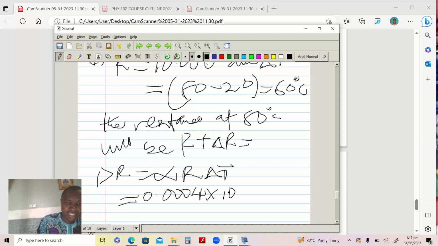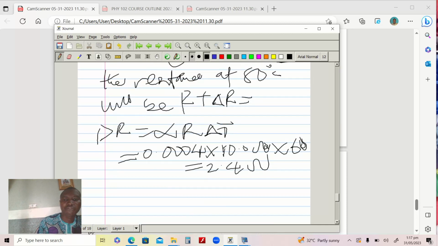10.0 ohms. That's our R. Then multiply by our delta T, 60. This is the 60 degrees that we have here. If you do this, you have 2.4 ohms.